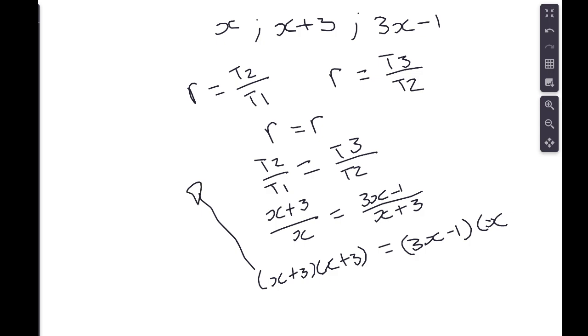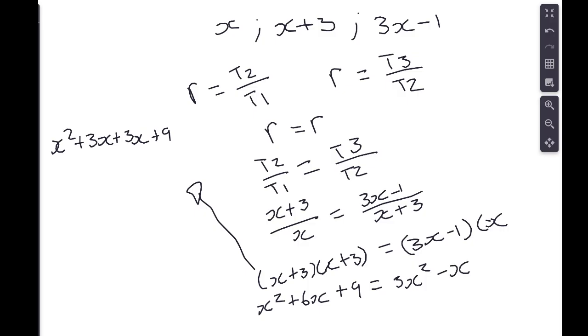It's going to be x squared plus 3x plus 3x, right, plus 9. Okay, when I write that, x squared plus 6x plus 9 is equal to 3x squared minus x.